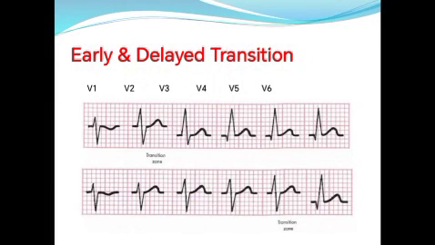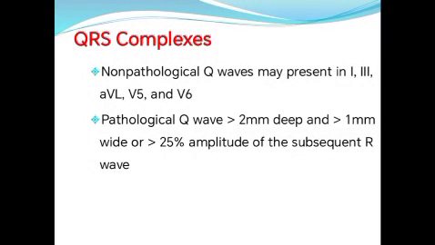Here you see V1, V2, V3. Here is an early transition zone that occurs in V2, and here is a delayed transition zone that occurs in V5. What is the difference? It is a normal variant, I think.